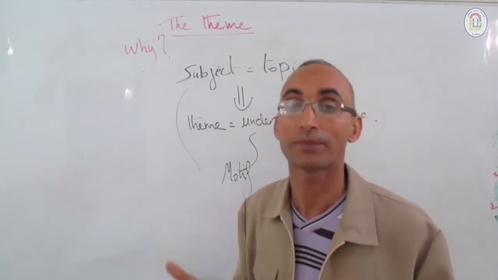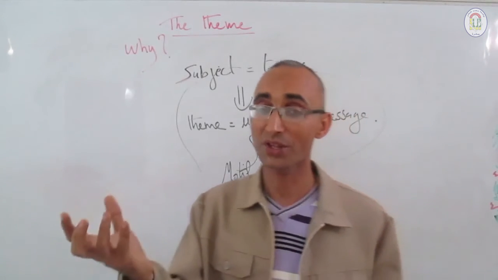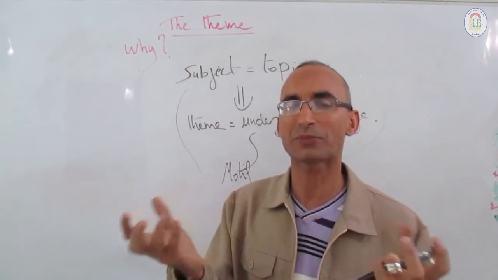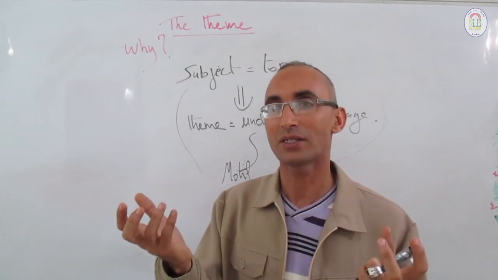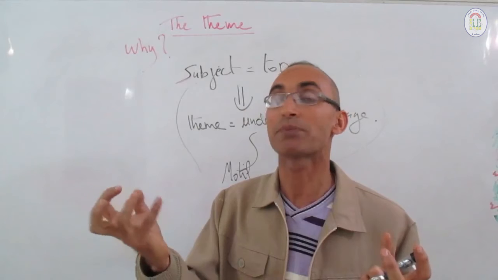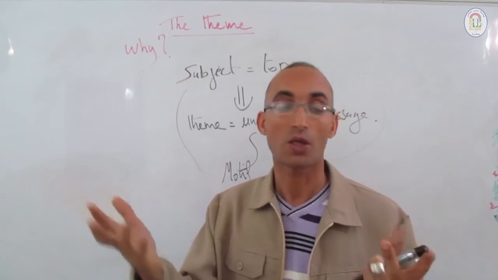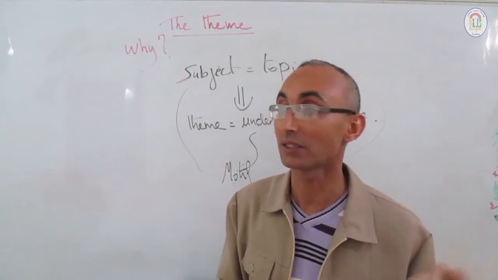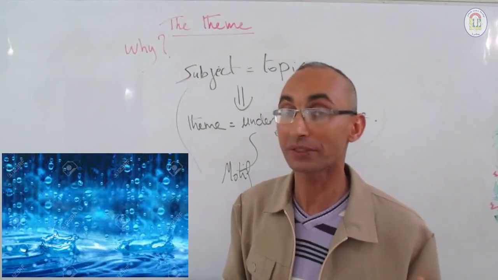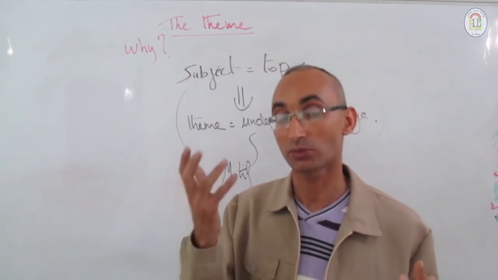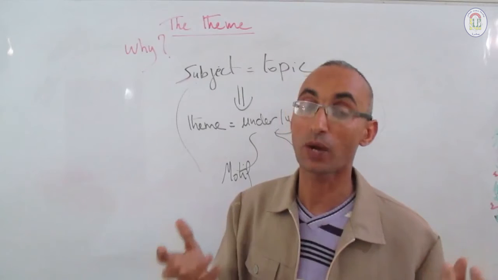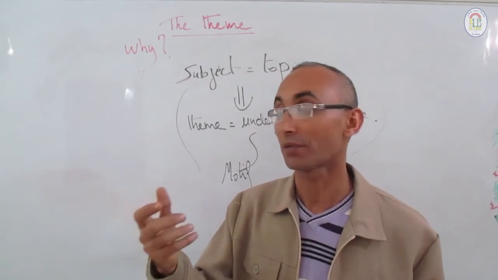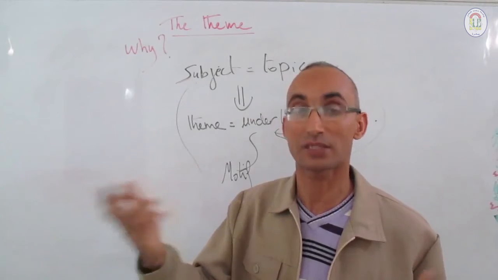Clear? Now we have here the theme and we have the motif. The main difference between them is that the theme is abstract, a message, but the motif usually is something concrete. It can be an image of blood, water, suffering, and so on. Clear? So here the motif is concrete, while the theme is abstract: message, preaching, lesson, and so on.